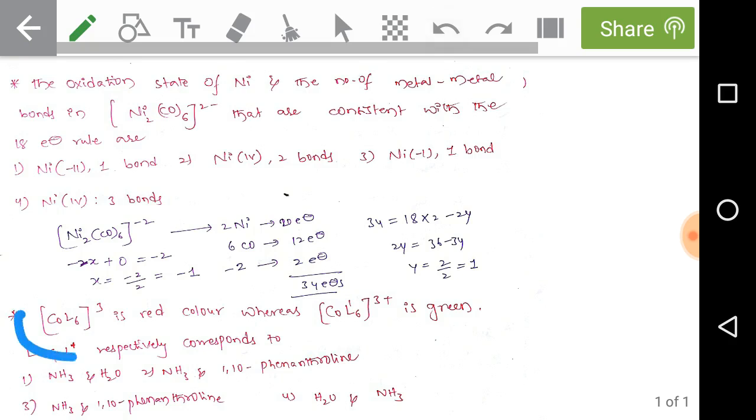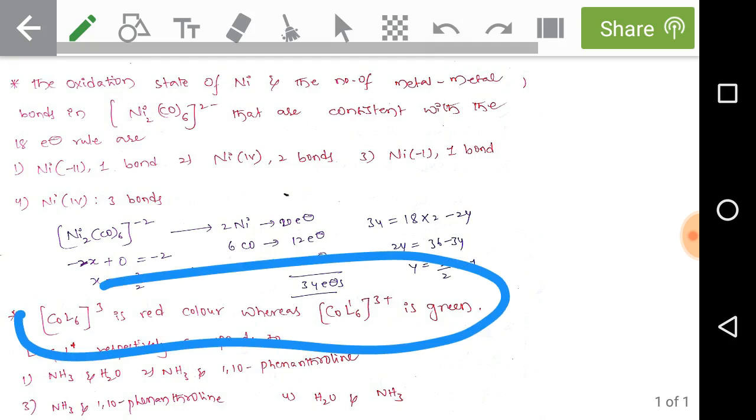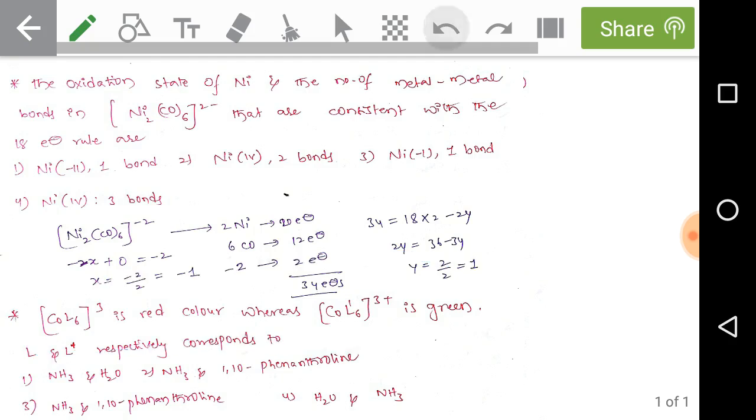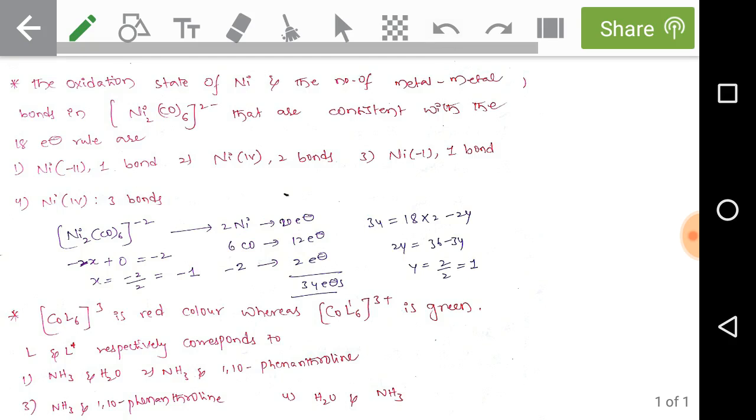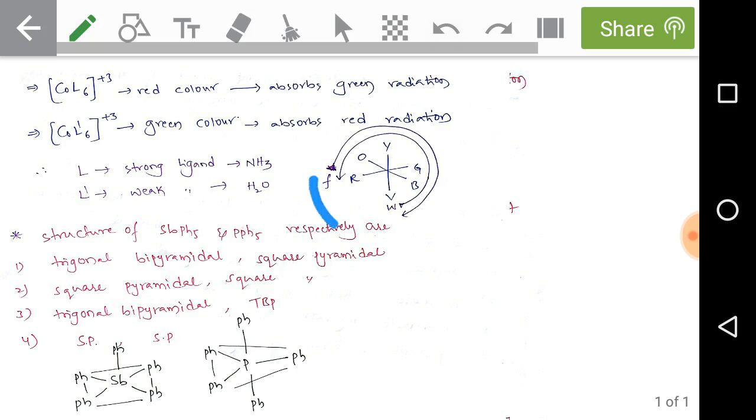Next one, a cobalt complex with ligand L which is showing red color, whereas another cobalt complex with ligand L prime is showing green color. We need to find the correct statement, that means two different ligands in the given cobalt complex with +3 oxidation state. Okay, right, to answer this problem we need to check the VIBGYOR wheel here.